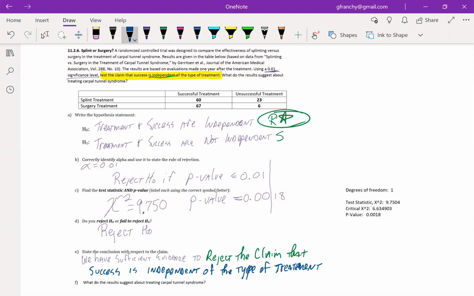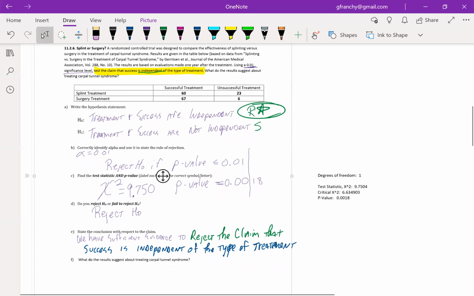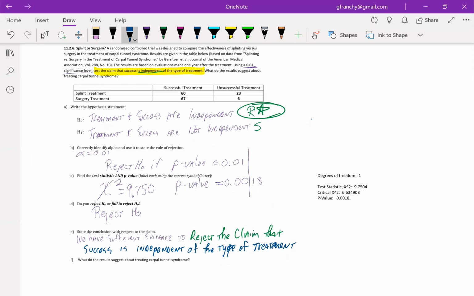So there is some dependence here. We did get different results by different treatments. And since there's only two of them here, we can go back and take a look at what we saw up top here.